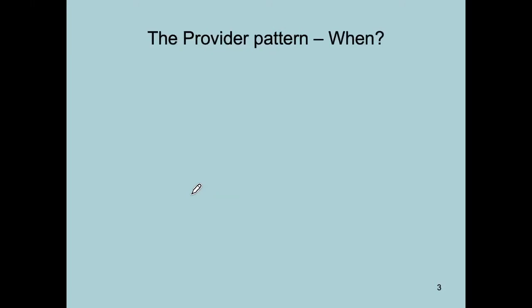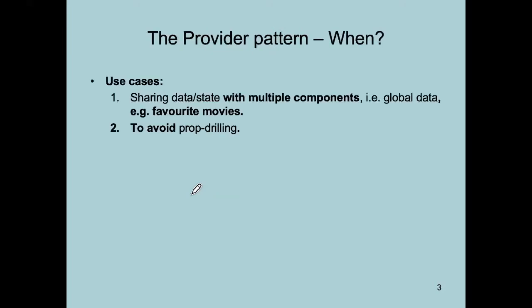And so when would we need to use the provider pattern? It's simple enough, really. It's whenever you've got some data that you want to share across a number of components, what we might refer to as global data. Now, we never like global data in general when we talk about programming, but when we've got a React app that's made up of lots of components, then there will always be the case where there is some data, nearly always data that comes from the web API, which a number of components need to know about.